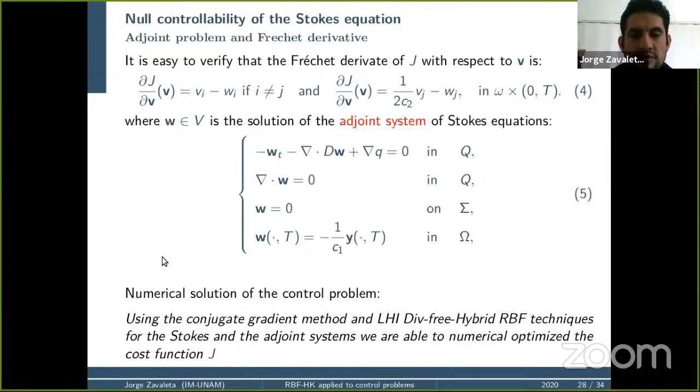To obtain the solution of this problem, which is dependent on time, they use the conjugate gradient method and LHI, this is local Hermite interpolation with hybrid kernels of free divergence. I'm going to explain a little bit of this. To solve the Stokes equations and the adjoint system to minimize the functional G.